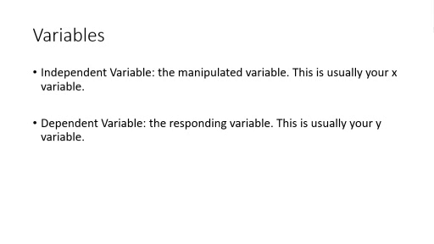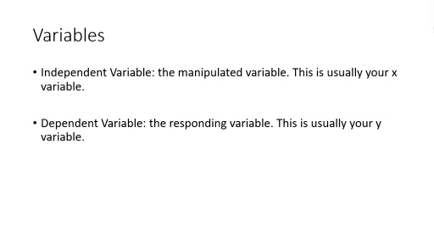As time moves on, time is increasing, it's not being affected by anything. The length of something, the height from which you're dropping something, those are independent because they are affecting the equation, and they are changing your dependent variable, but there's nothing really affecting them.